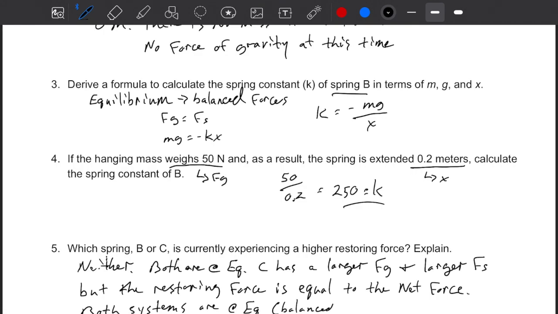Both systems are at equilibrium. Both systems have balanced forces. Both of them have a net force of 0.